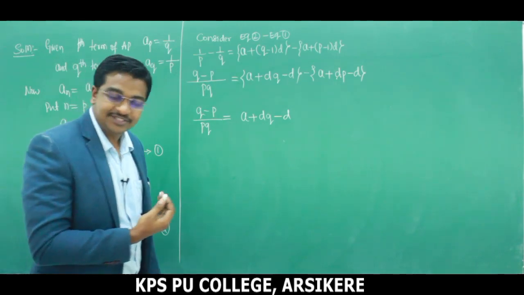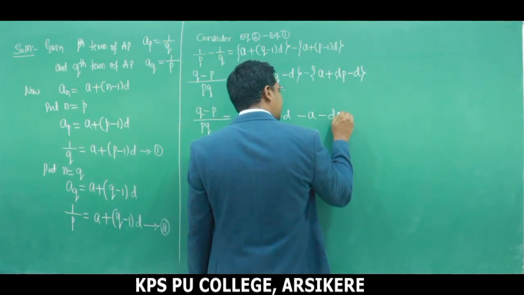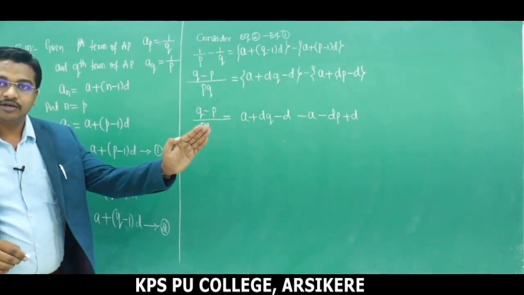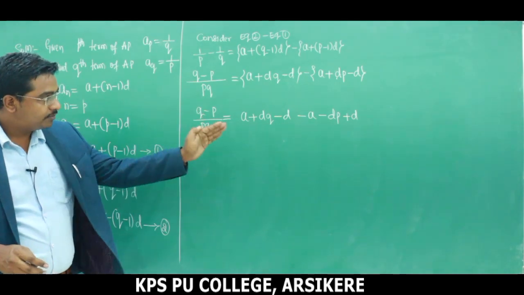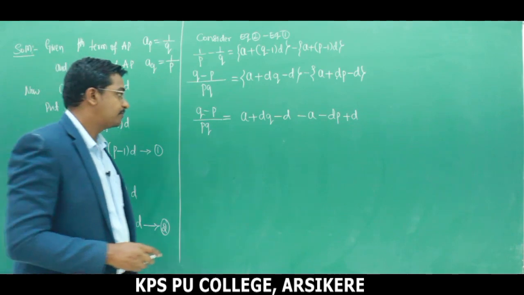Multiply by the negative sign: minus a, minus dp, plus d.